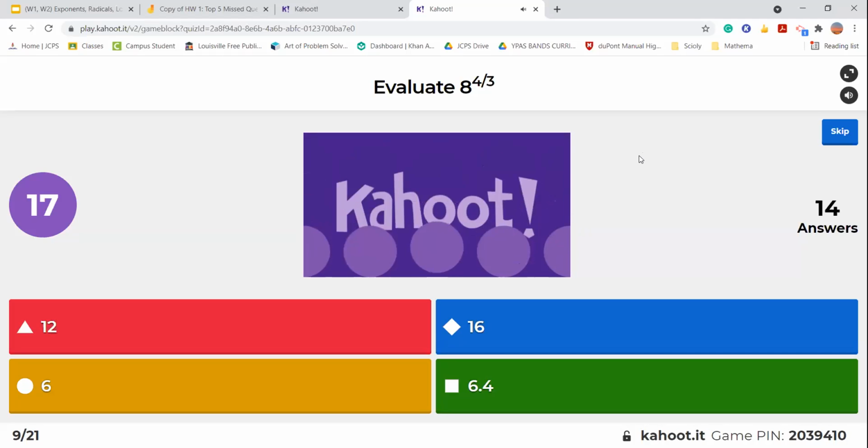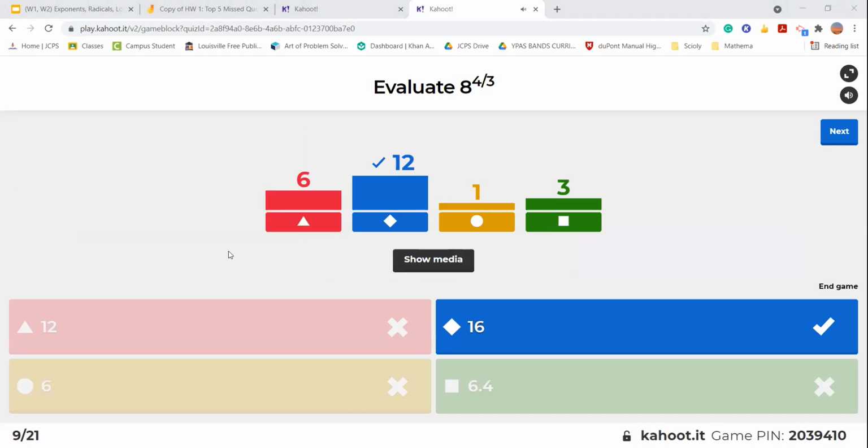There's some log problems at the end, but I just guessed. I have no idea. Could I say this one after the time is up? Why didn't I guess the decimal? Hey, I got it right. Guessing works. I got it right.